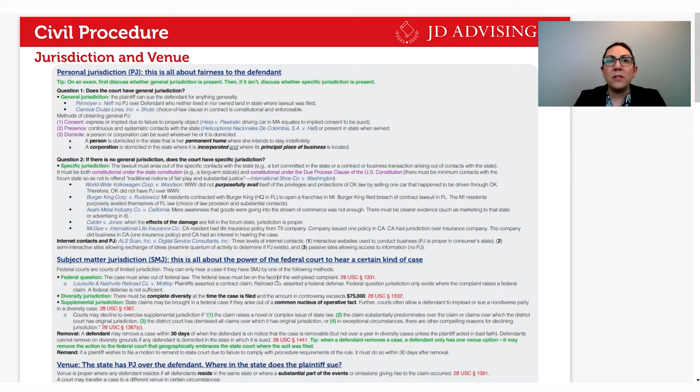And so it was fair to him to have to go and defend himself in this lawsuit in Florida. And so the court said that there were minimum contacts there, even though this man had never been to Florida. There was enough of this business relationship ongoing with the corporation in Florida that Florida had the power to hear this lawsuit brought against the man.